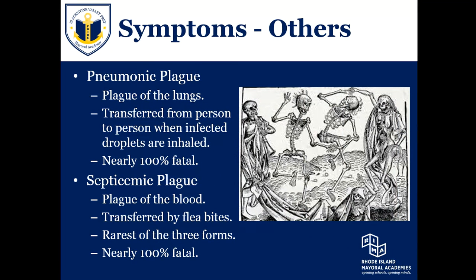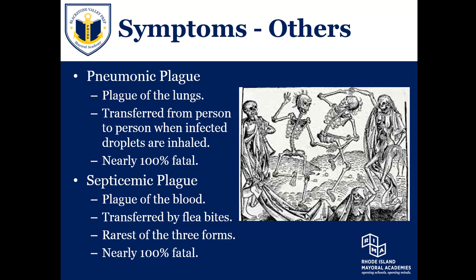The other types of plague included the pneumonic plague. This was plague of the lungs. So you would get this if somebody was infected with plague, had one of those buboes burst, or in some other way a body fluid was ejected into the air, and then somebody would breathe in the moisture that had plague bacteria in it into their lungs.